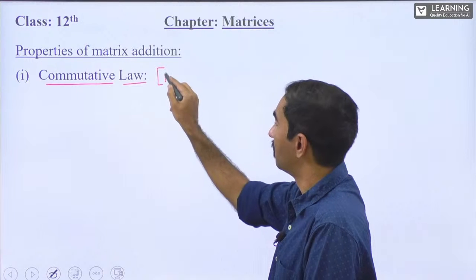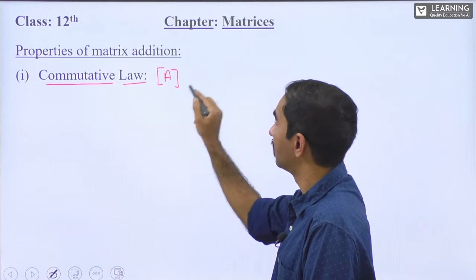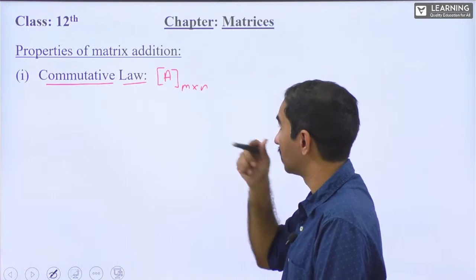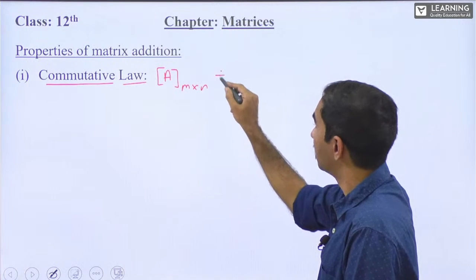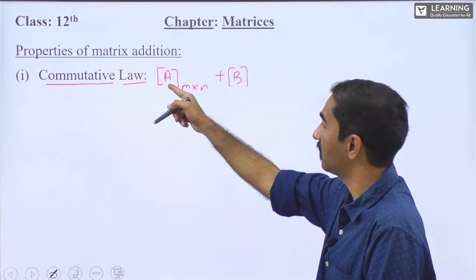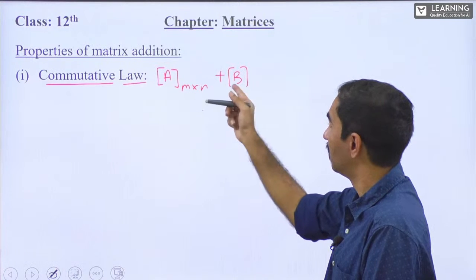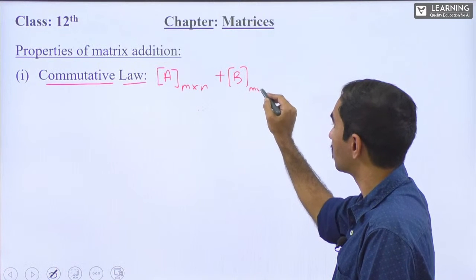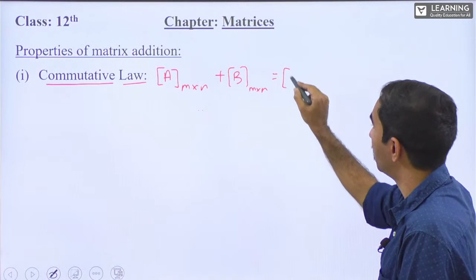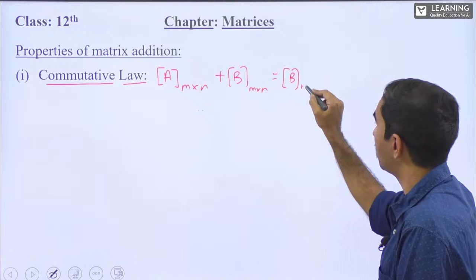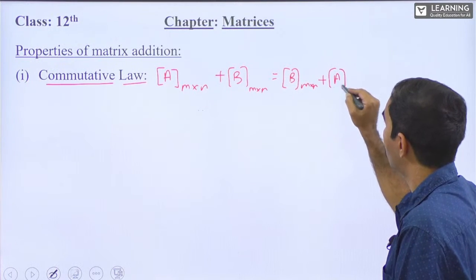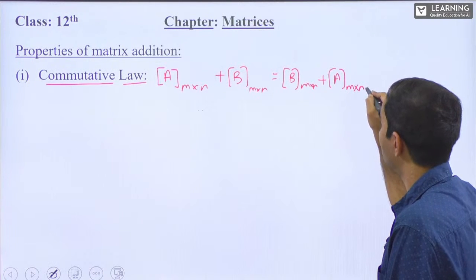It states that matrix A with the order m cross n, when it is added with matrix B of the same order m cross n, will always be equal to matrix B of order m cross n plus matrix A of order m cross n.